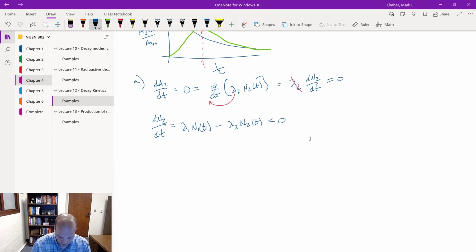And so this just becomes N1 naught lambda 1 exponential minus lambda 1 t. And we want to see where that equals lambda 2 times the initial inventory there. This would be lambda 2 minus lambda 1.